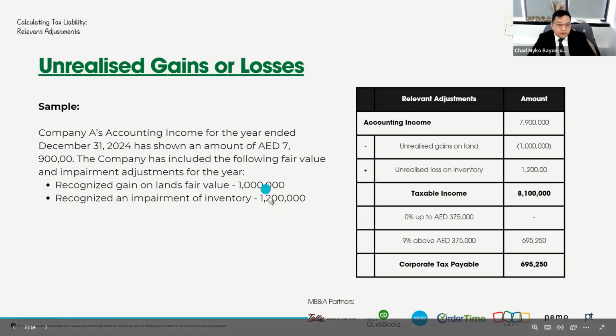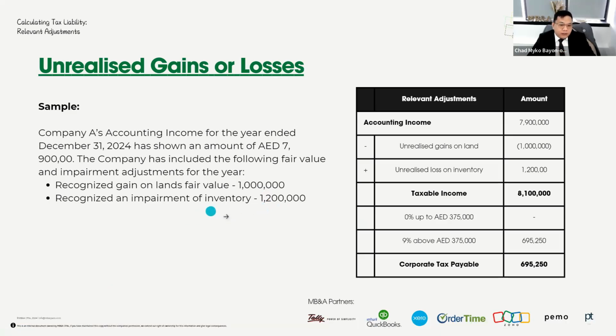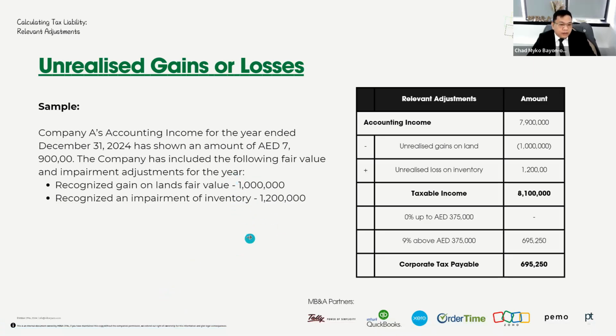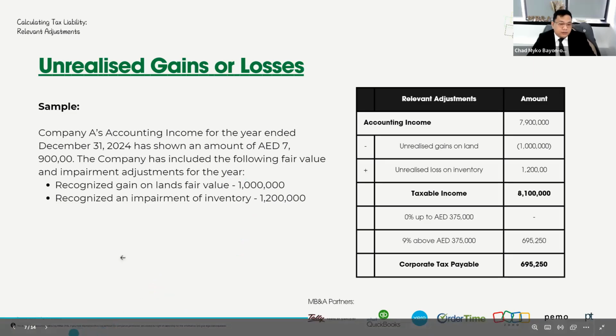So for example, with this one that we have, since the impairment of their inventory is much higher compared to the gains on their lands, they have a negative impact because they need to add back the impairment of the inventory of 1,200,000. But if it is less than that, then it would be better to go for realization basis. So it's up to you on making the decision. Okay.